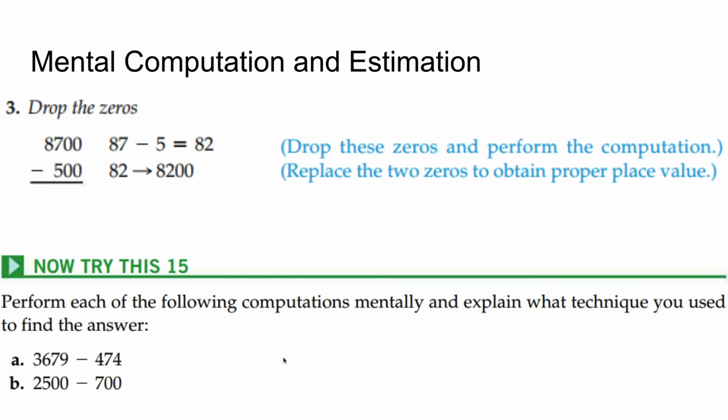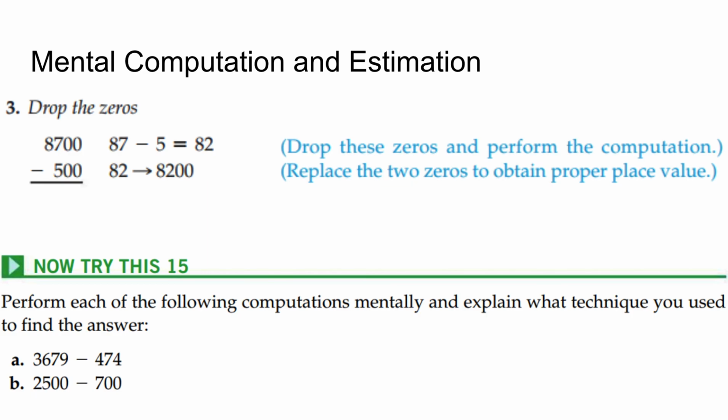Okay, try this. Perform each of the following computations mentally and explain what technique you use to find the answer. Which one are you using? Okay, let me copy this down and we can do that together. But in the meantime, I want you to calculate this mentally.